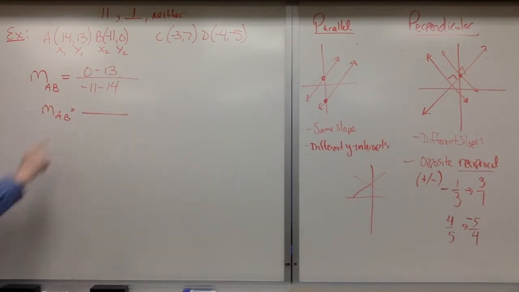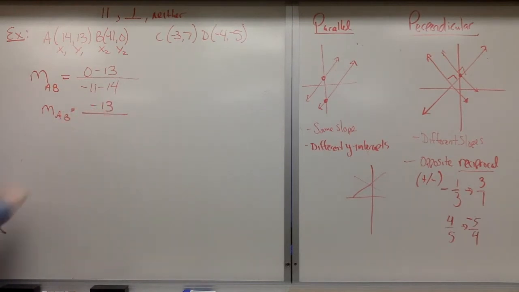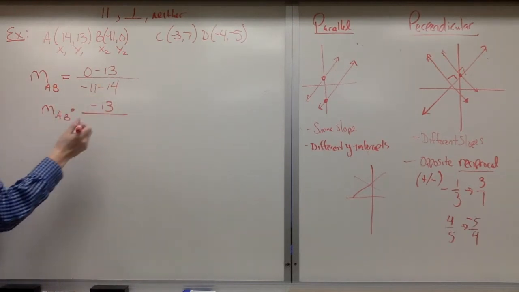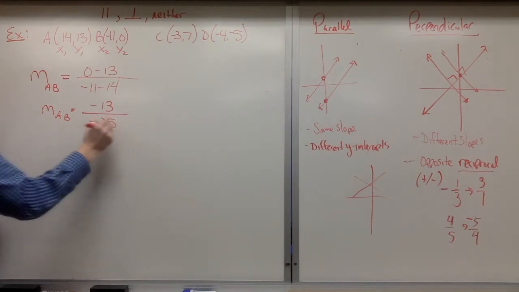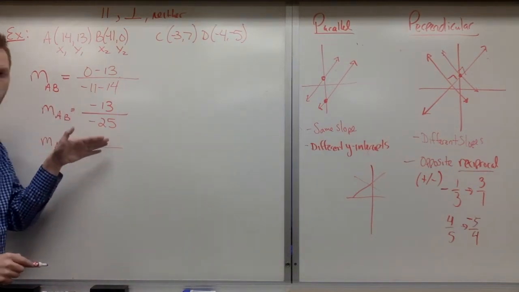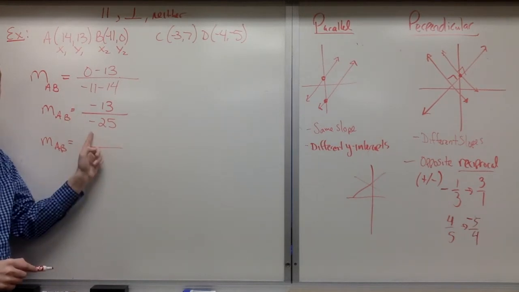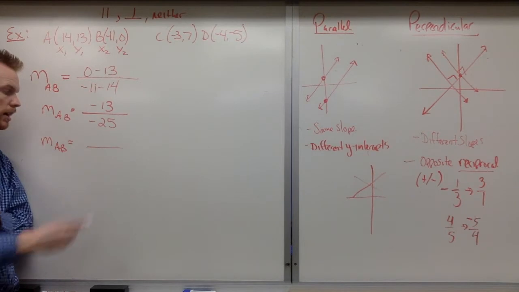Simplify. At the top, we get 0 minus 13, negative 13. Negative 11 minus 14 would be negative 25. For my last step, I want to simplify if I can. 13 over 25 can't reduce, but the two negatives are going to cancel out, right? Negative divided by negative gives me a positive.